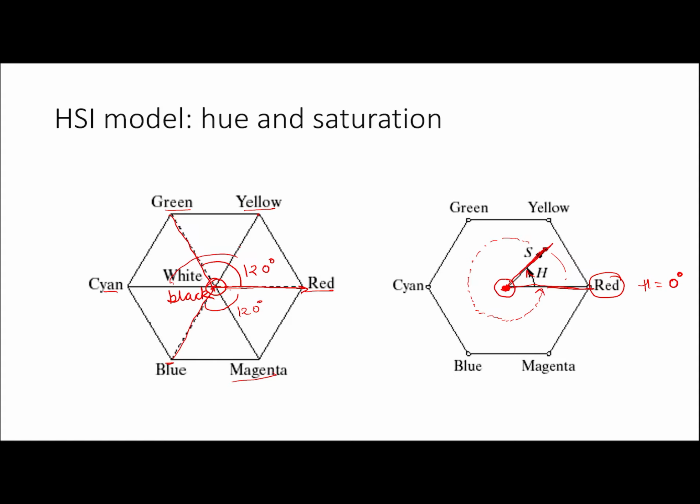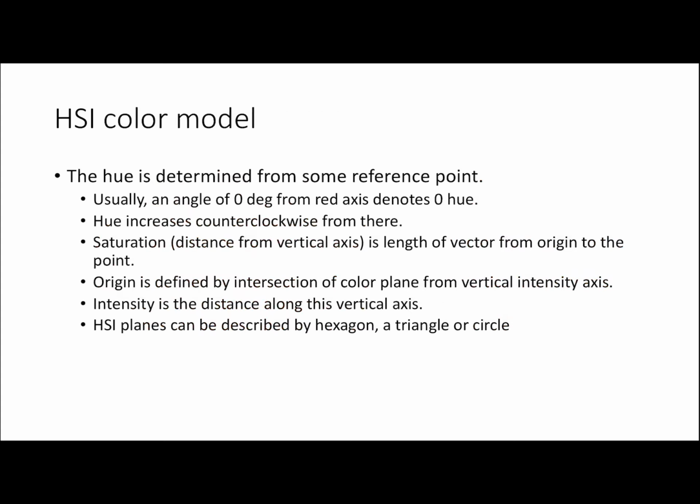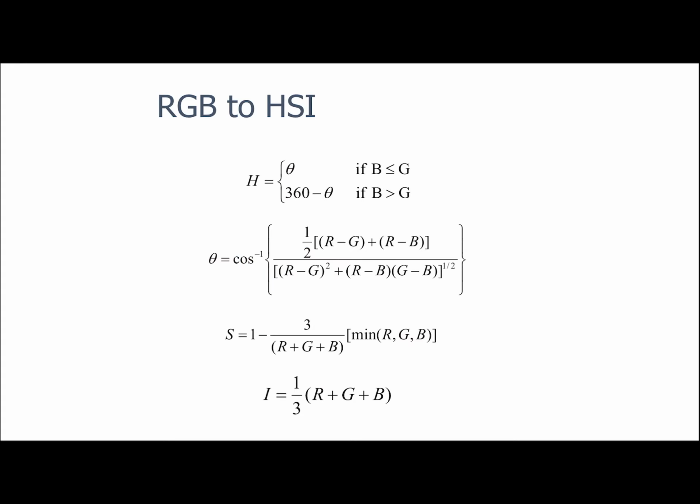Given this concept of how we can obtain the hue, saturation and intensity components for any color specified in RGB color space, if we follow the geometry of this formulation, we can have very easy relations to compute H, S and I from the RGB components.